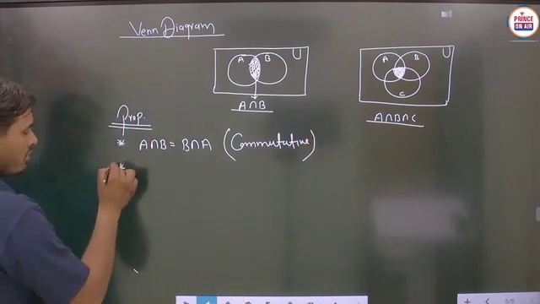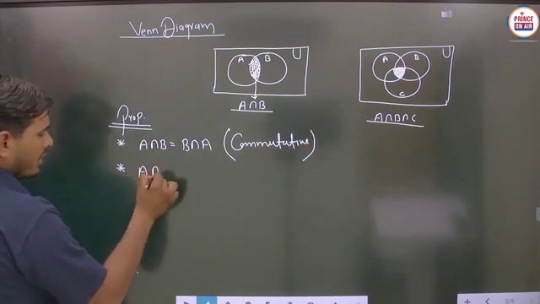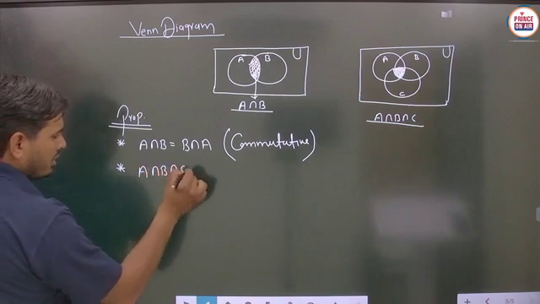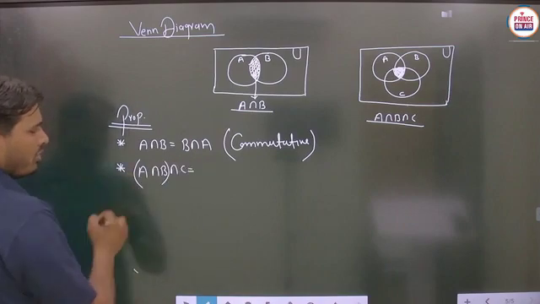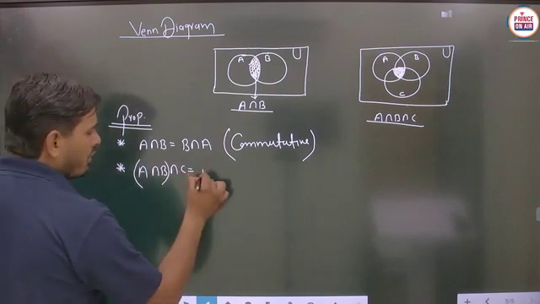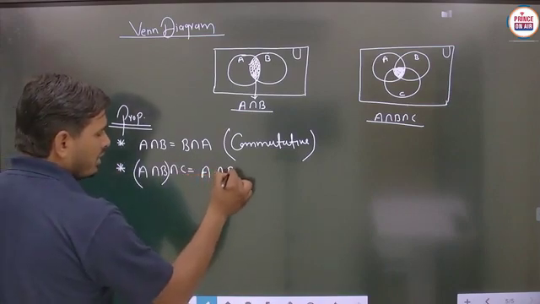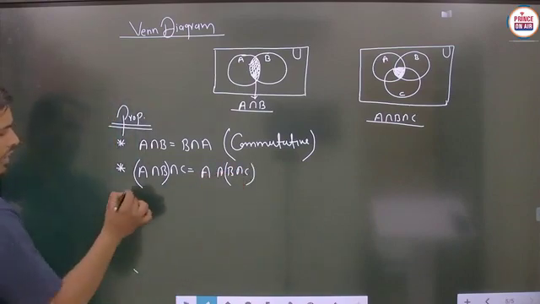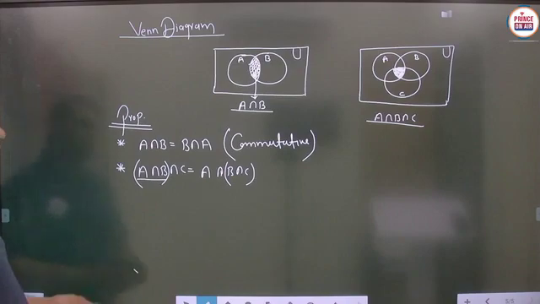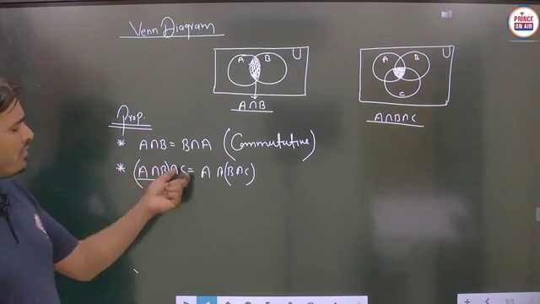Now the second part, A intersection B intersection C. Suppose we are taking it like this, then this particular part should equal this or not. We have to check A intersection B intersection C. So basically student, first of all we are taking the intersection of these two parts, then that result is checked with this part.